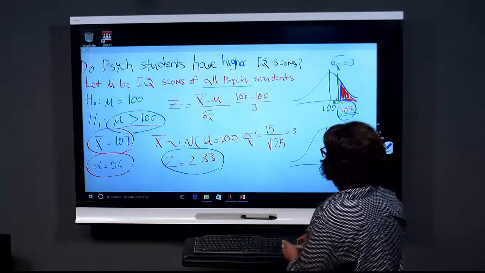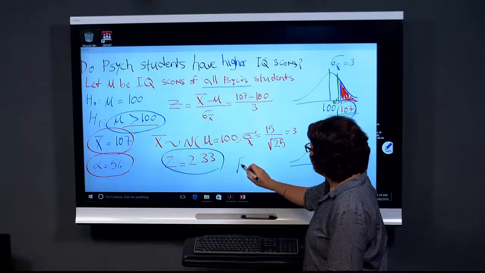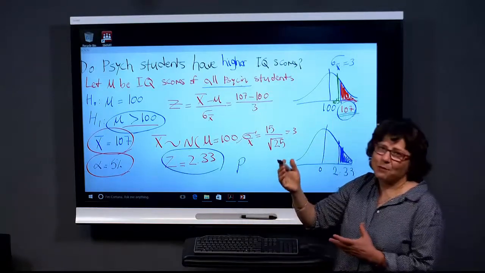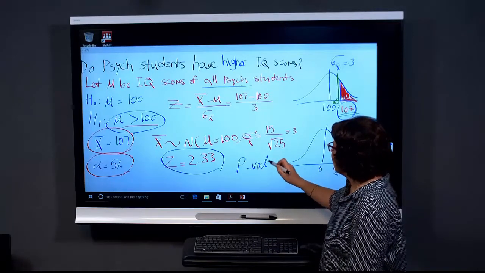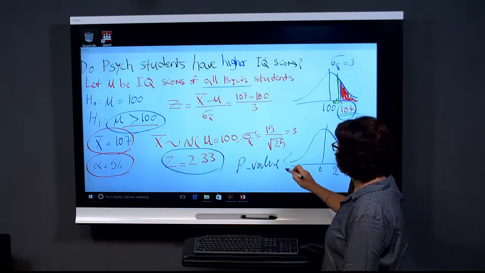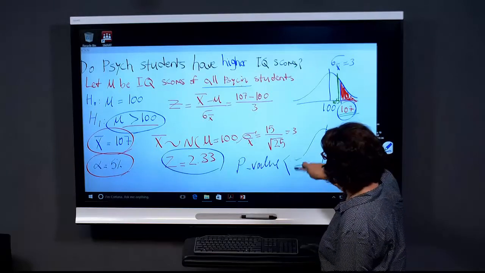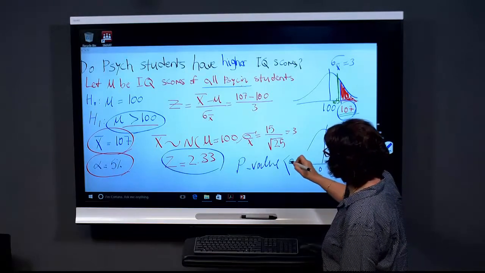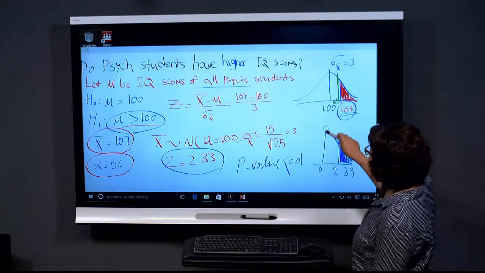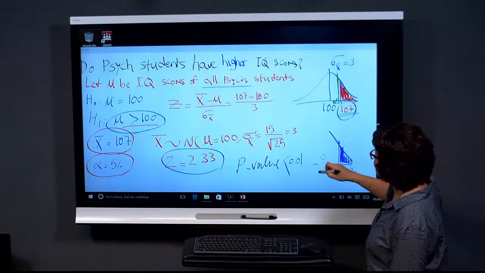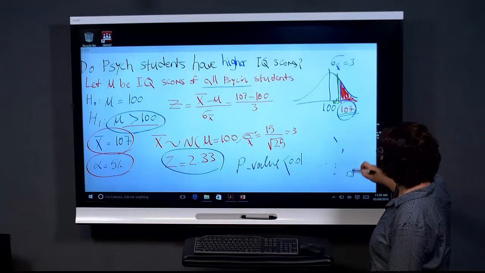So my p-value is approximately, let me say, 1%. The p-value is less than 0.01. So by doing so, we say that my p-value is less than 0.01.